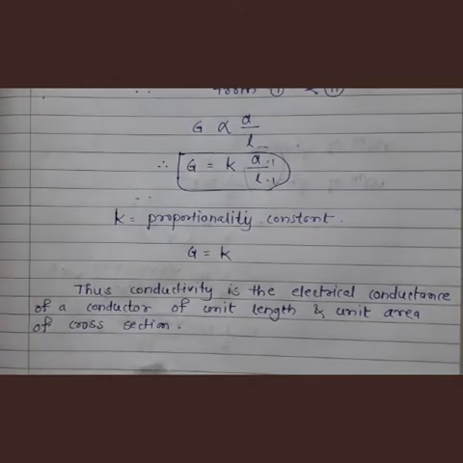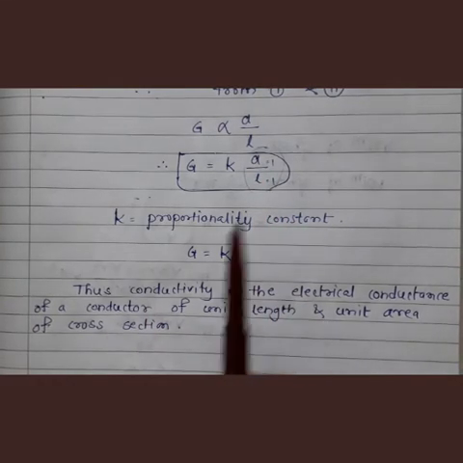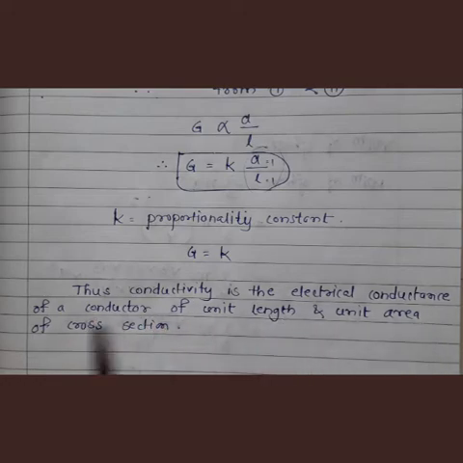So how will you define conductivity from this formula? Conductivity is the electrical conductance of a conductor of unit length and unit area of cross section.